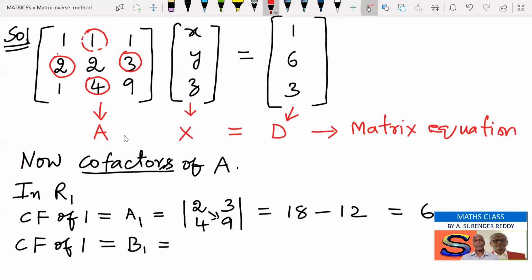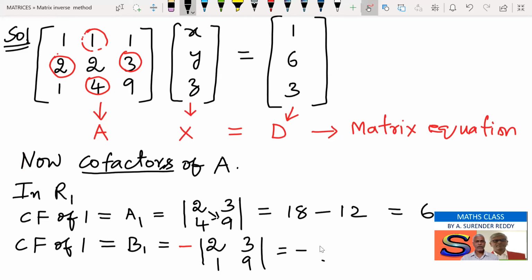These 4 numbers' cofactors will be negative, we change the sign. Already we discussed why the sign changes. So for B1, the second, we multiply with minus. Excluding row 1 and column 2, the remaining are 2, 3, 1, 9.